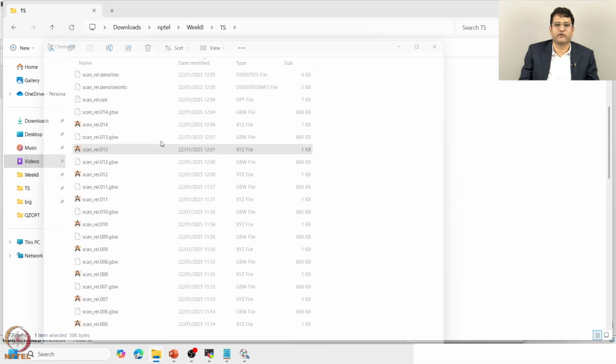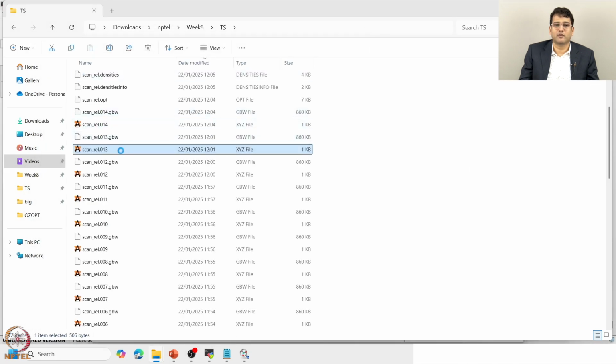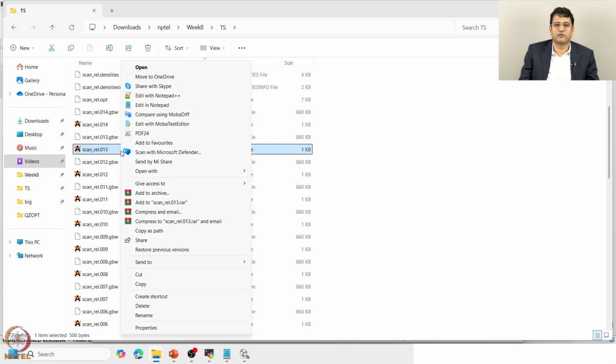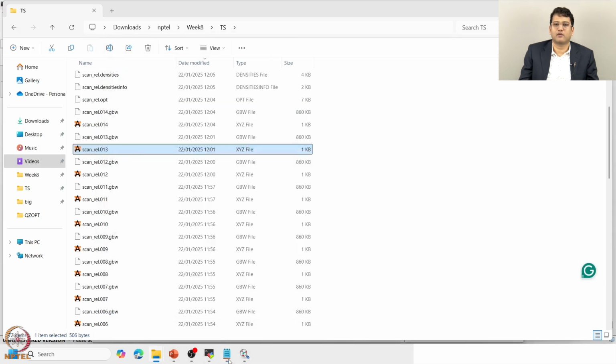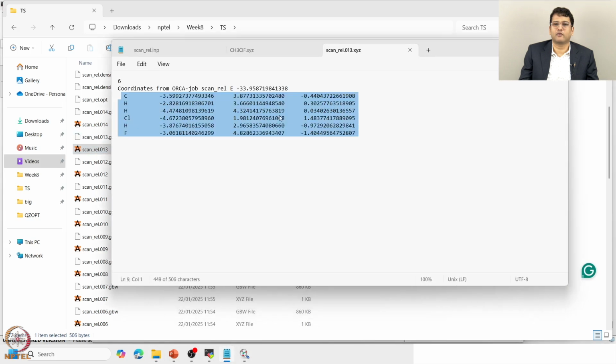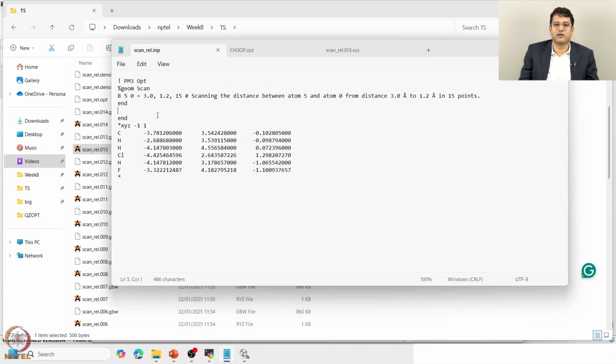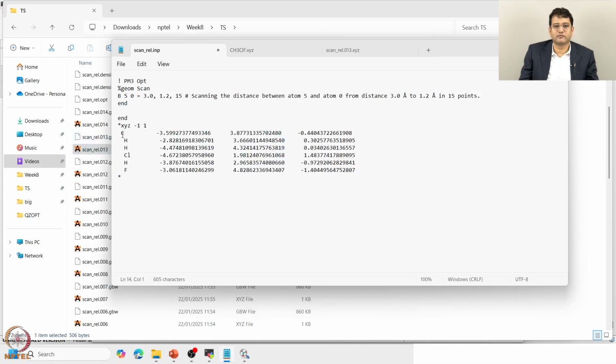No, ChemCraft, I have to open it with the notepad, copy the geometry, and redo the scan with the new geometry. And hope that this time scanning comes proper.